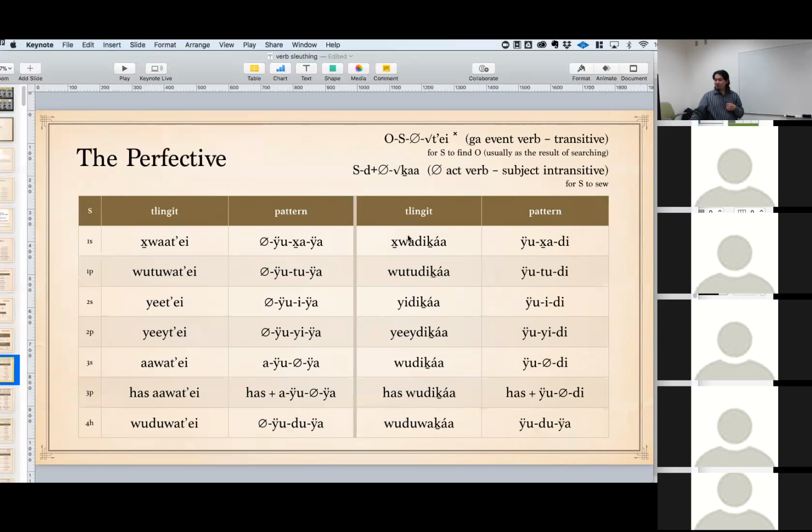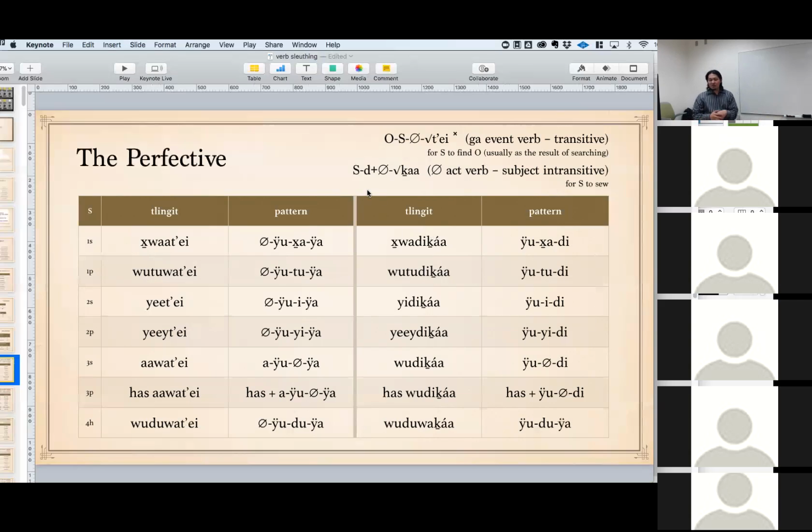If it was an S plus D, chwadze, watudze, yidze, yidze, wudze, haswudze, and wududze. And same with the th, ze, so it's just changing that one letter. So we are starting to look at stem variation, but the biggest thing we're focused on is that prefix.